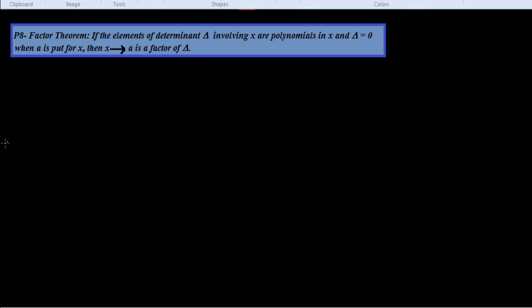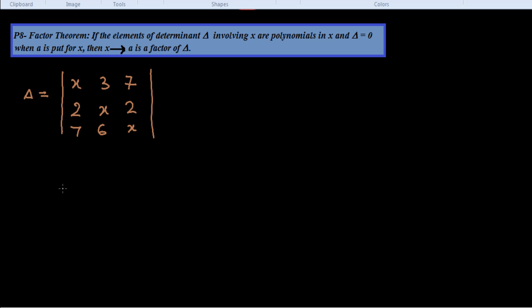Take a determinant x, 3, 7, 2, x, 2, 7, 6, x.